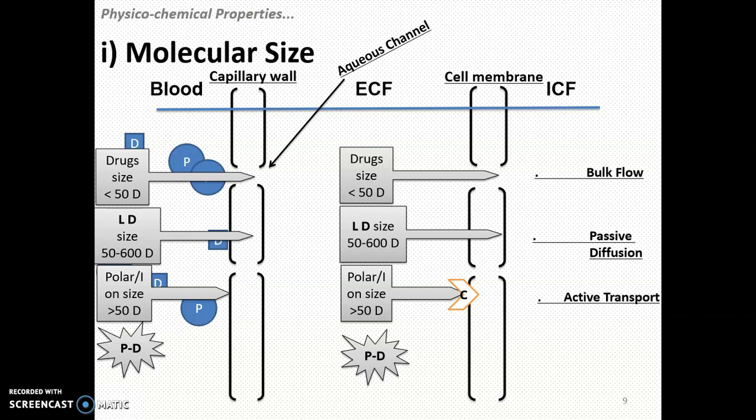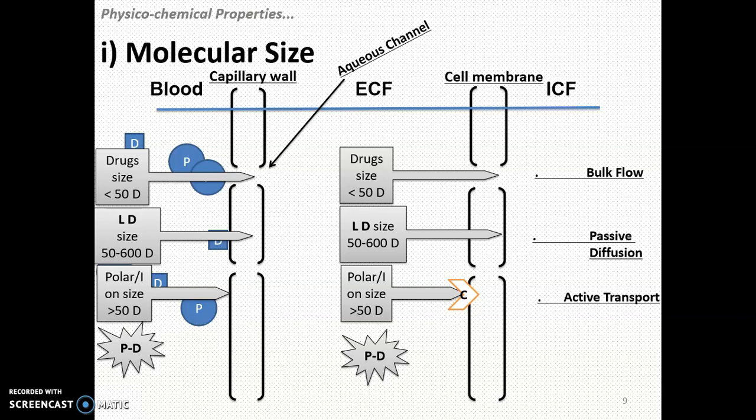Here we can see the drug and plasma proteins, represented by D and P respectively, in the blood compartment, moving randomly. Now they both are available for distribution, or we can say transfer, from the blood compartment to the extracellular fluid.